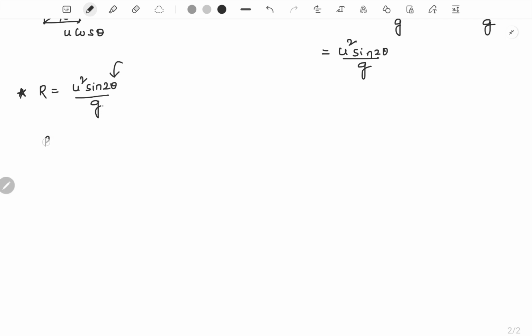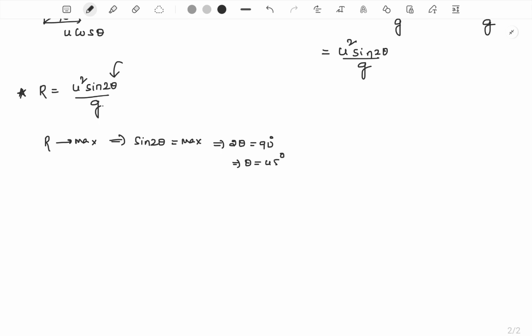So if r has to be maximum, so that implies sine 2 theta has to be maximum. The possibility is 2 theta has to be 90 degrees or theta is equal to 45 degrees. So if you wish to project a body with a certain speed and you wish the range to be maximum for that speed, so we must project it at an angle 45 degree with the horizontal.